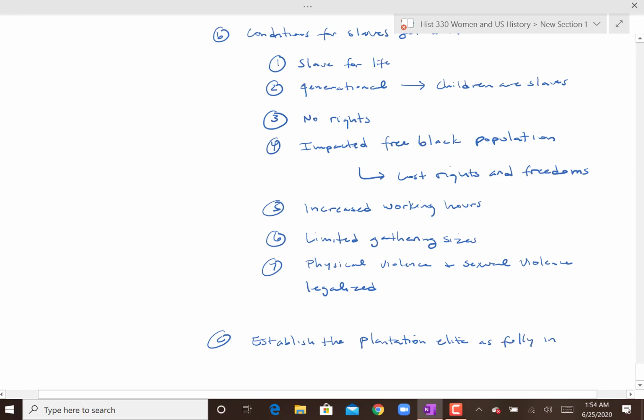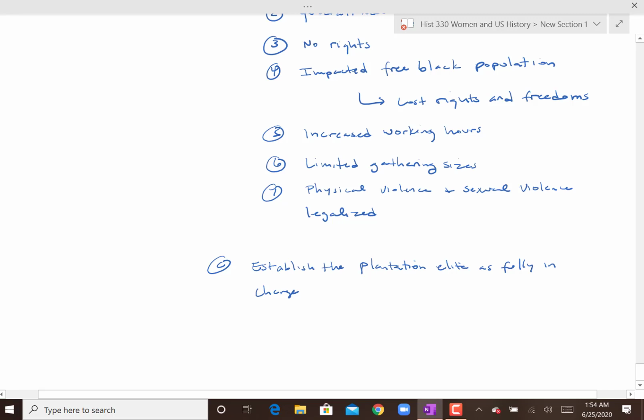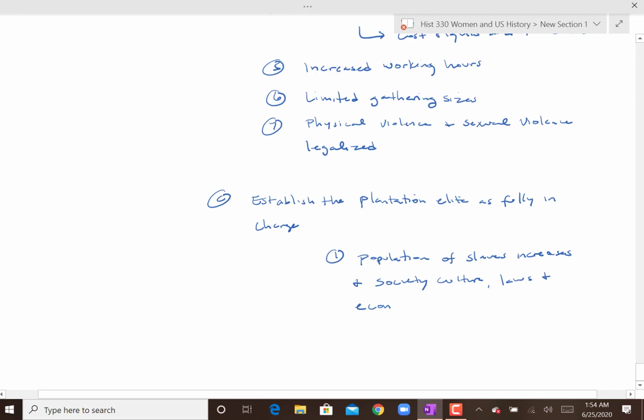So what you get, right, is that as the population of slaves increases, society, culture, laws, and economics get structured around slavery. It becomes a slave society.